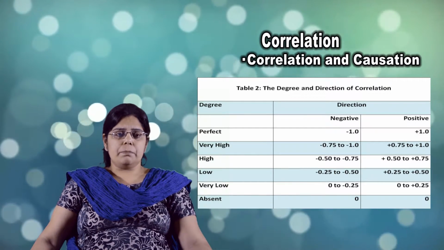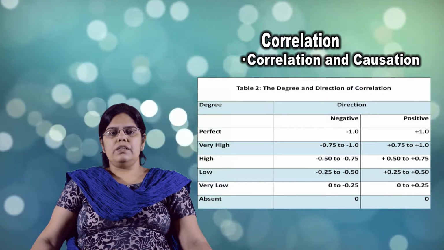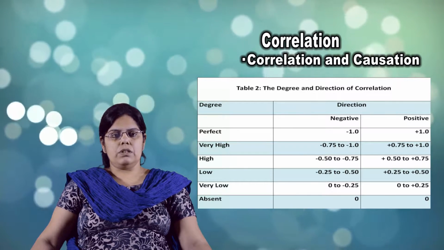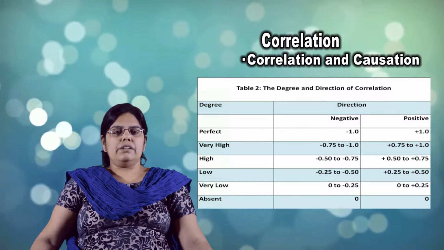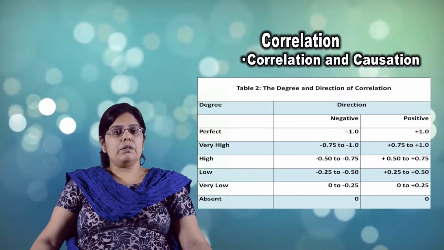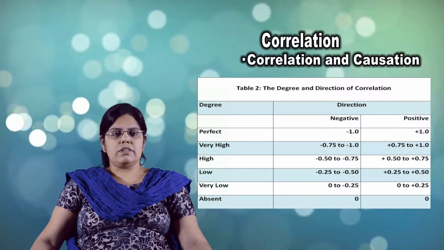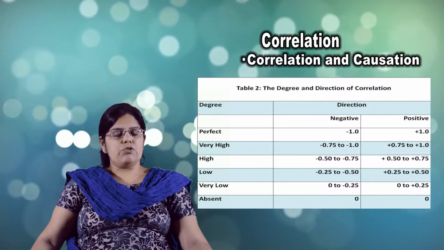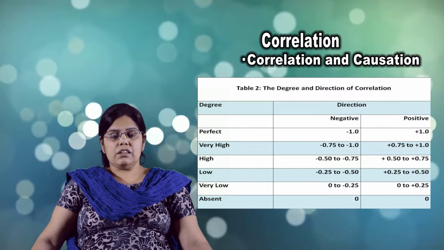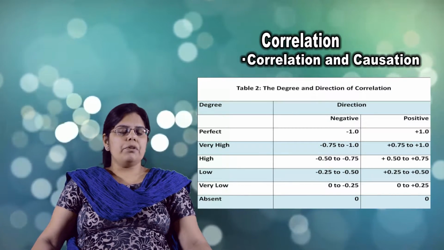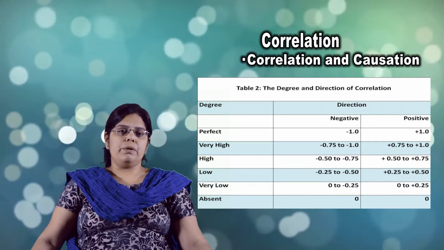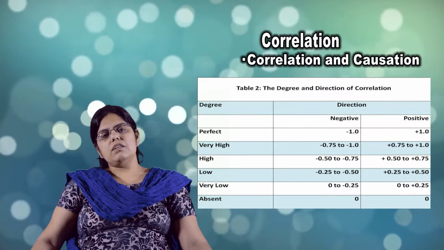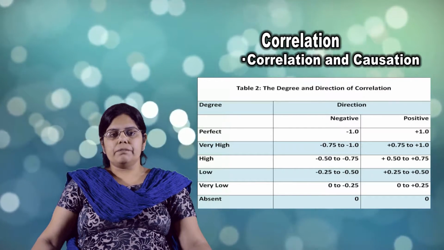The second reason explains that both the correlated variables may be influenced by one or more other variables. It may be possible that there is a high degree of correlation between the variables due to some causes affecting each variable or different causes affecting each with the same effect. The third reason could be that both the variables may be mutually influencing each other so that neither can be designated as the cause and the other the effect.